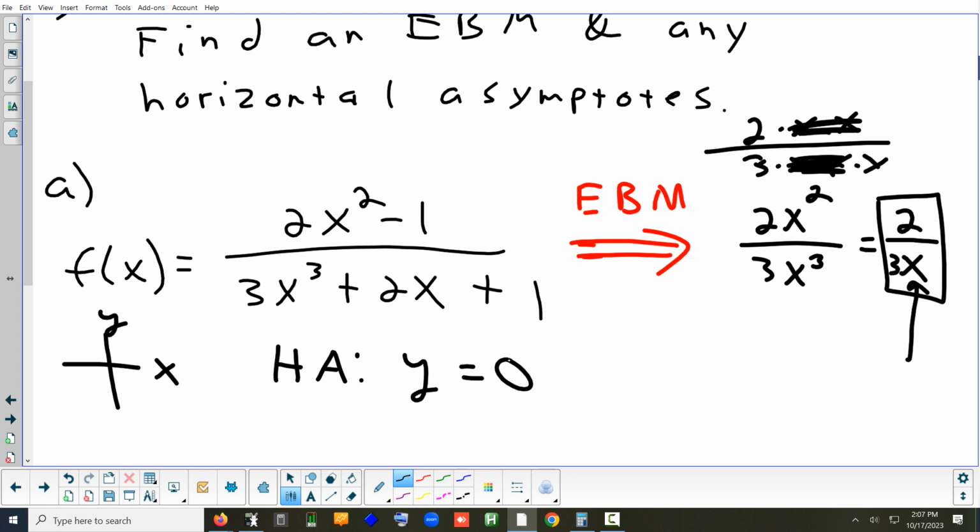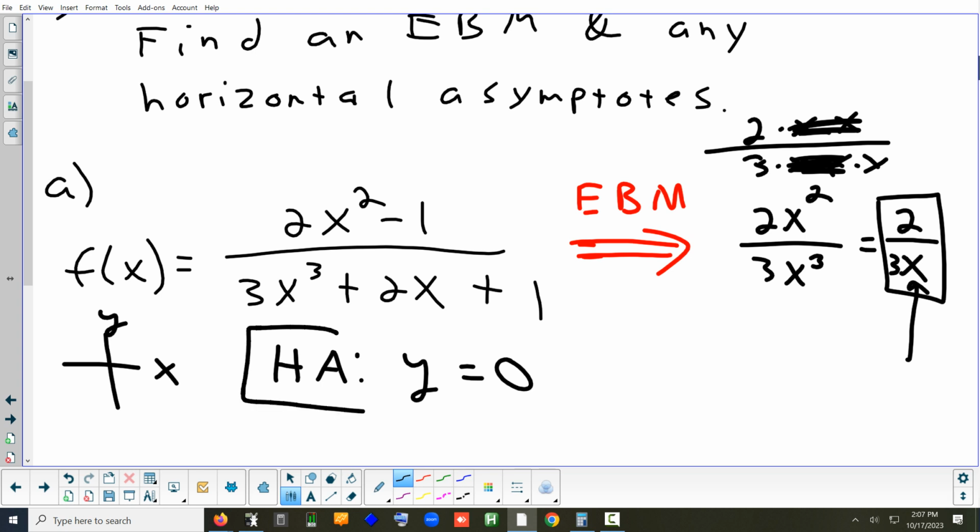So once you have your EBM, just imagine plugging in a really huge number for x. Even like 1,000 would work. If you plug in 1,000, you'd be way to the right. That'd be 2 divided by 3,000. That's an extremely small number. Will it ever reach 0? No. Even if you take 2 and divide by 50 billion, it isn't 0. It's very, very small, but not 0.